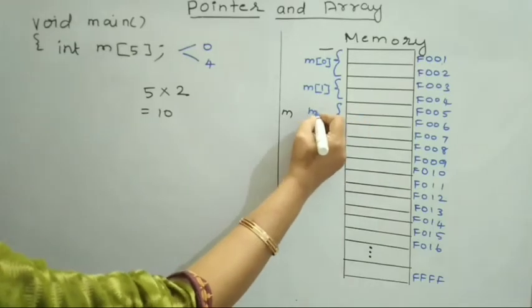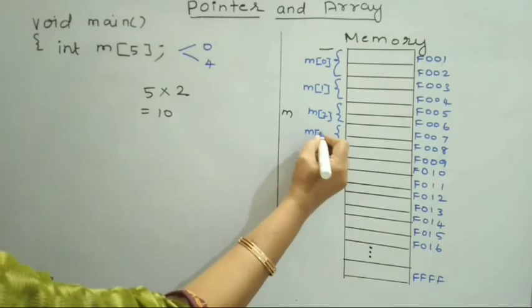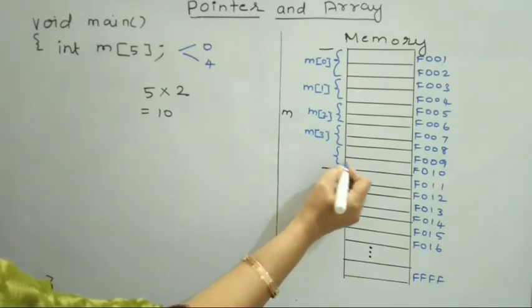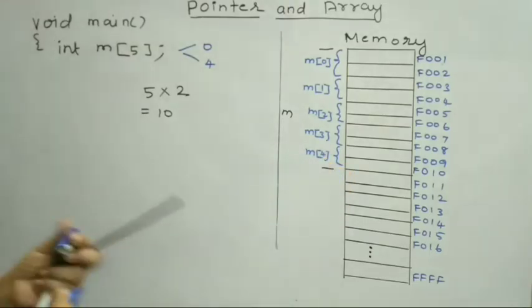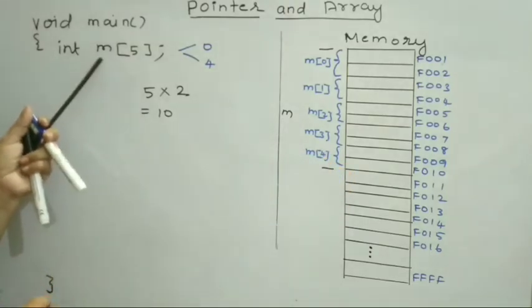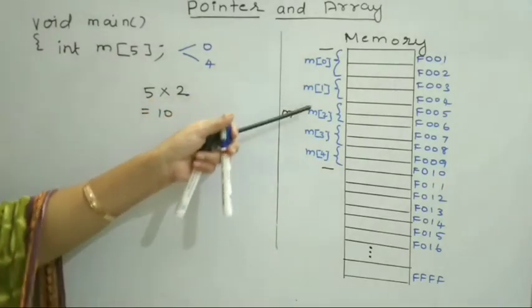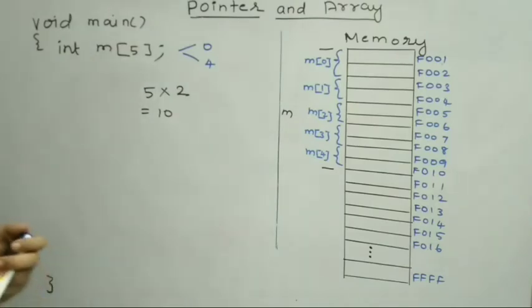This is for m[1]. The next 2 locations are for m[2], and so on, and the last 2 locations are allocated for the fifth element in index position 4. So it allocates 10 continuous memory addresses for m, and 2 bytes for each individual element.